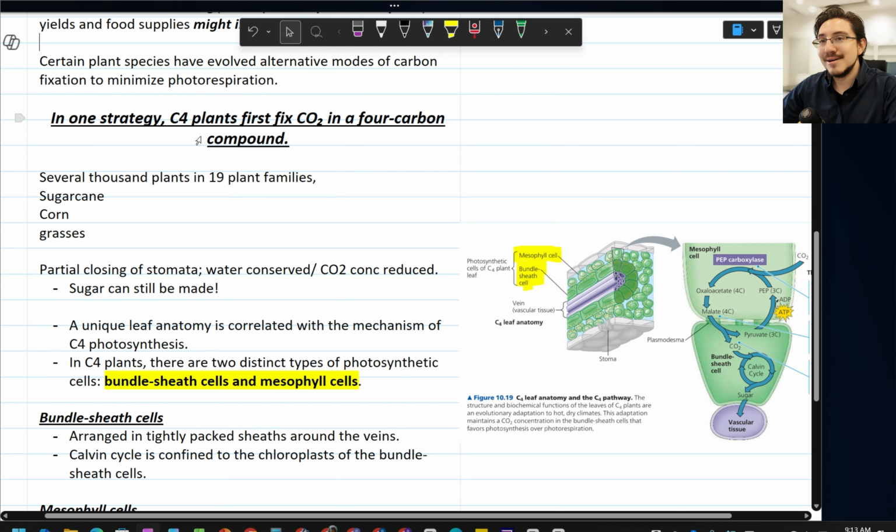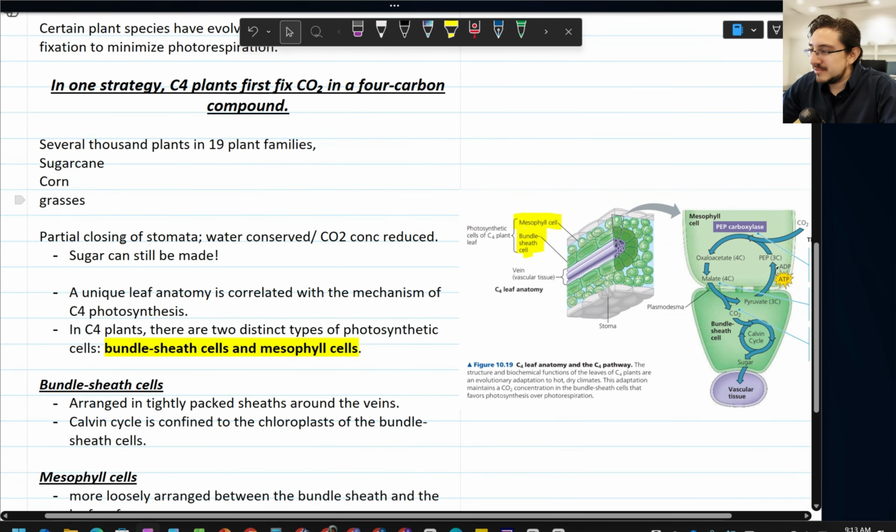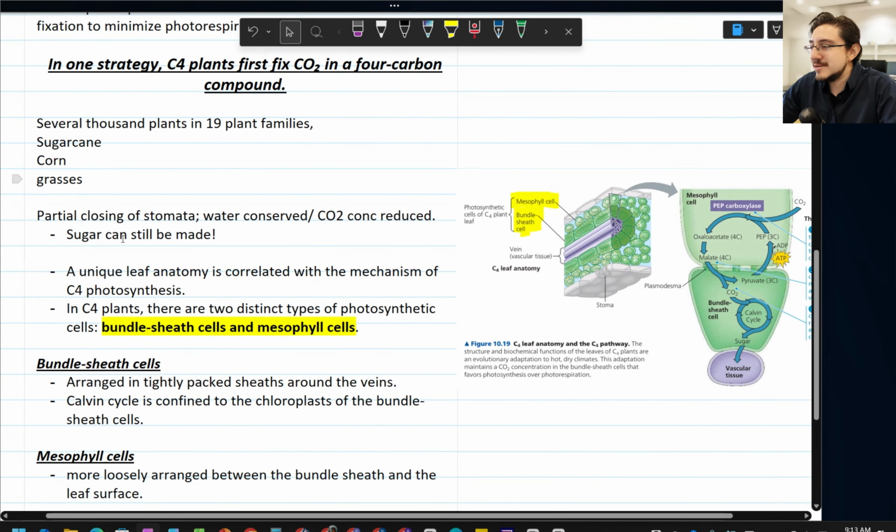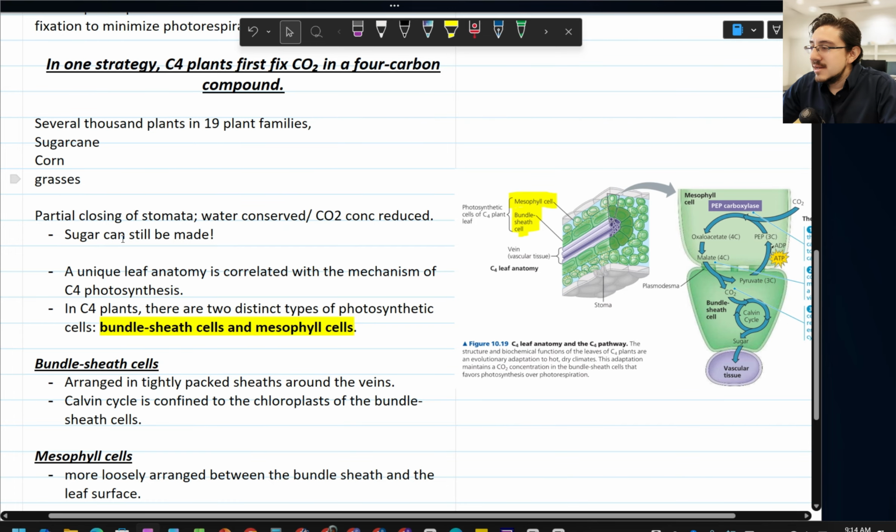No, not the explosion, not the dangerous weapon you hear about. So yes, many plant families belong to this group of plants, right? Corn, sugarcane, grasses can fix carbon dioxide under certain conditions.